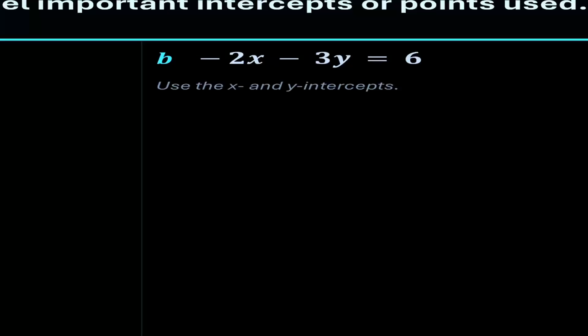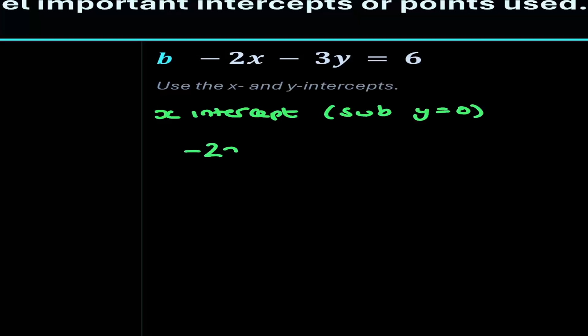Okay, so we need to work out what the x and y intercepts are. And remember, at the x-intercept, all we need to do is substitute y as 0 and then solve. So let's write out this equation. You've got 2x minus 3, and instead of y, I'm going to substitute 0 in, and we're going to solve this.